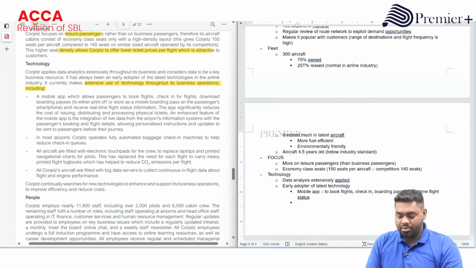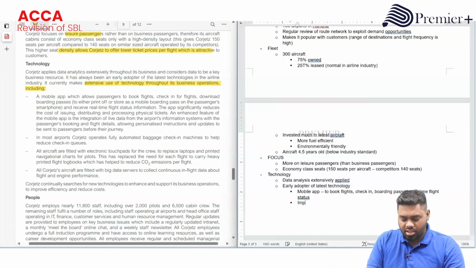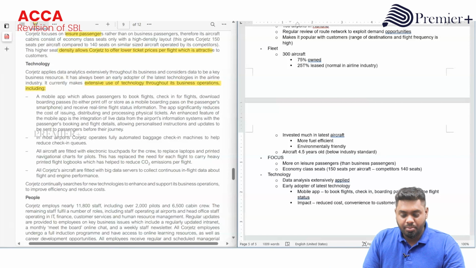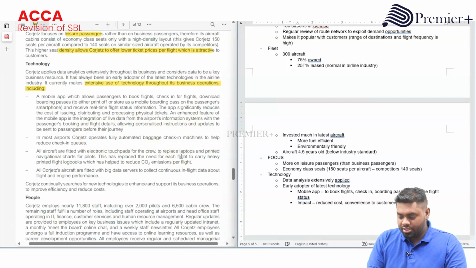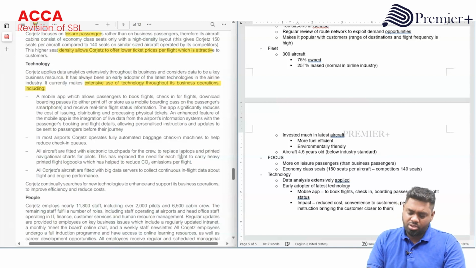So this will basically have impact: reduced cost, convenience to customer, and personalized instruction, bringing the customer closer to them, so possible customer retention.